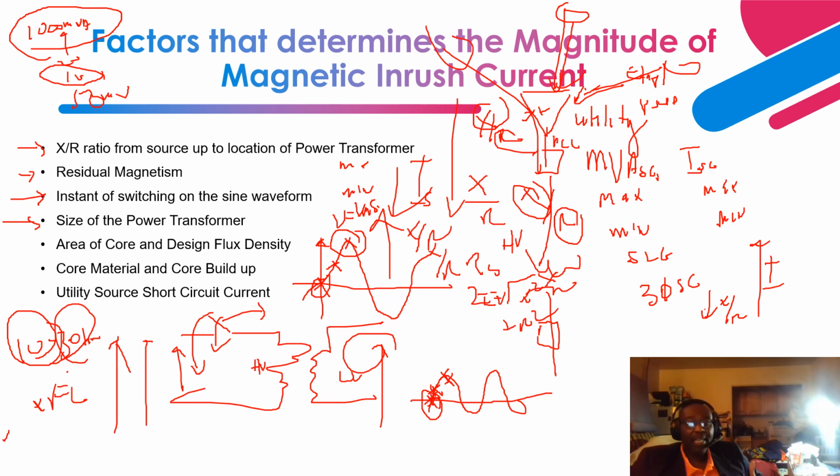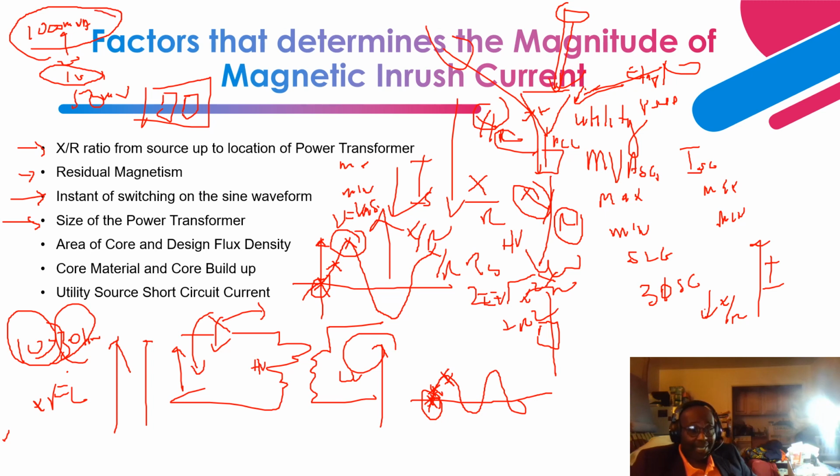It plays a factor in the size, the area, of the core material. Now let's talk about the area of the core and the design flux density. For a larger transformer, it comes to the same explanation. If we have a 1,000 MVA transformer, the core size is going to be very big, very huge, compared to a 100 MVA transformer.